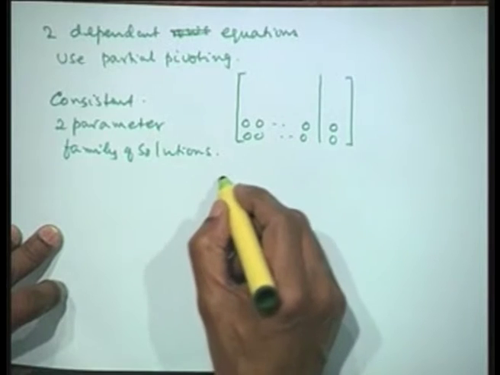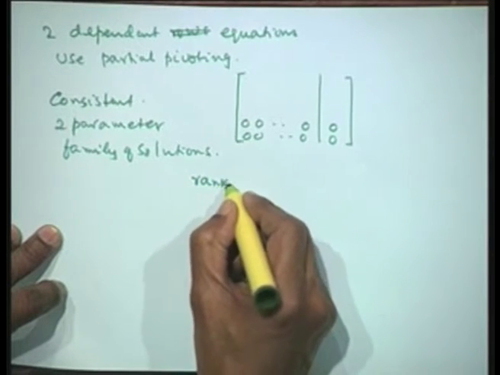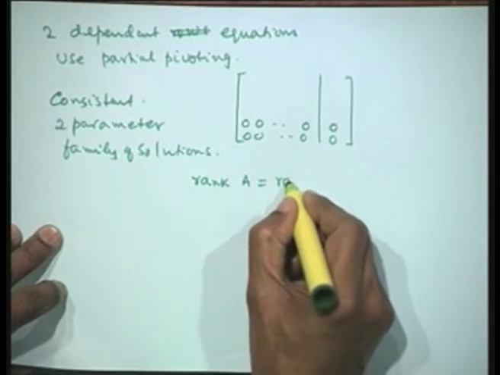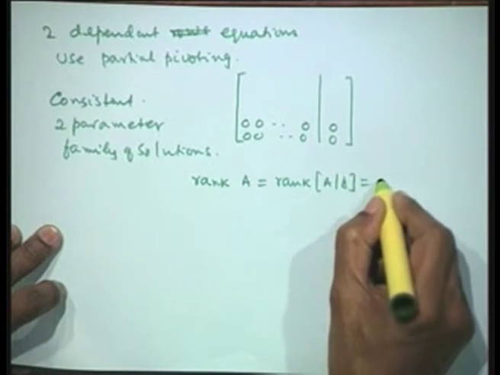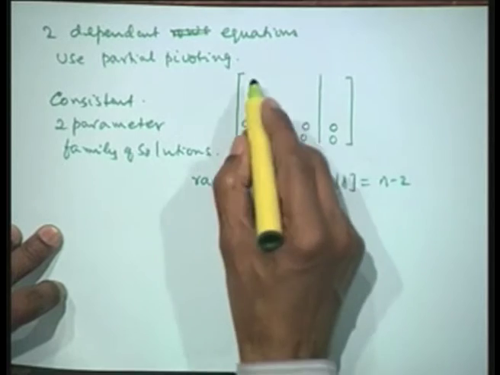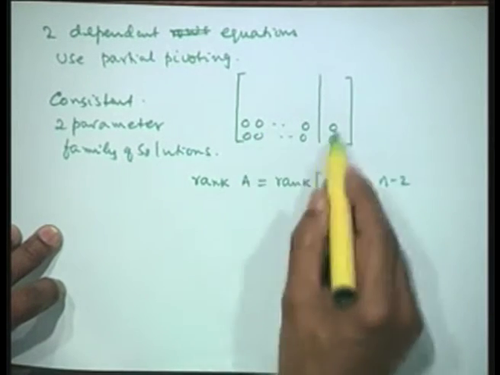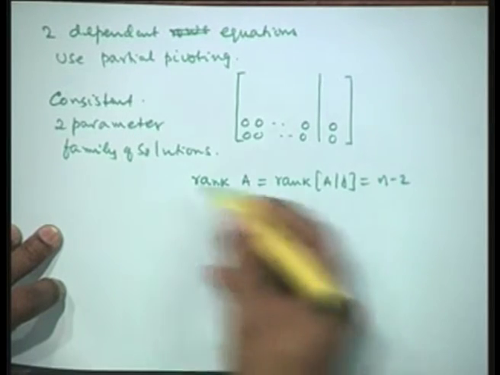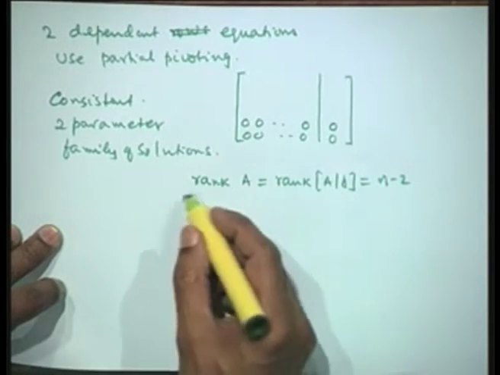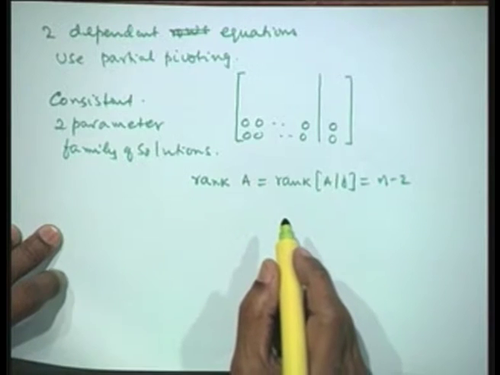Now, you can see in this case, rank of A is equal to rank of the augmented matrix AB is equal to n minus 2. Therefore, I have got n minus 2, that is a 2 parameter family of infinite solutions.